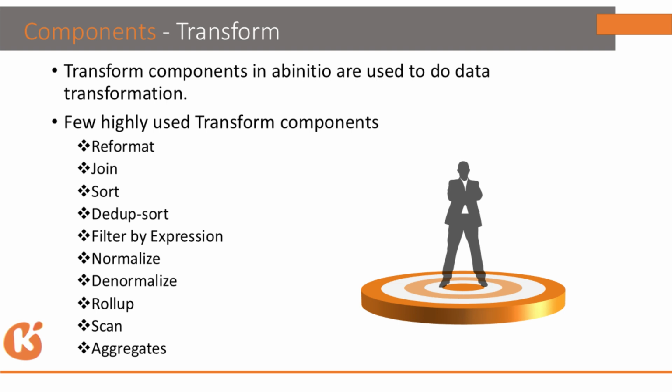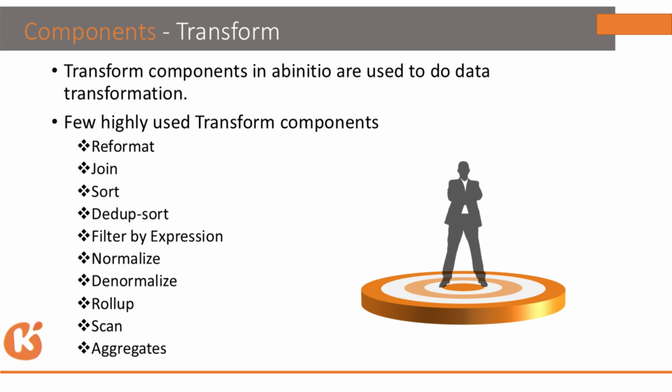Once we are into the real world, into a project, we'll not get a requirement saying use this component and get this data like this. We don't get any kind of requirement like that. What we usually get is an input dataset: this is what our input file will look like, and this is the output that we need to create. So we need to pick and choose. We need to know the different types of components available in ABInitio to achieve that output from the input we have.